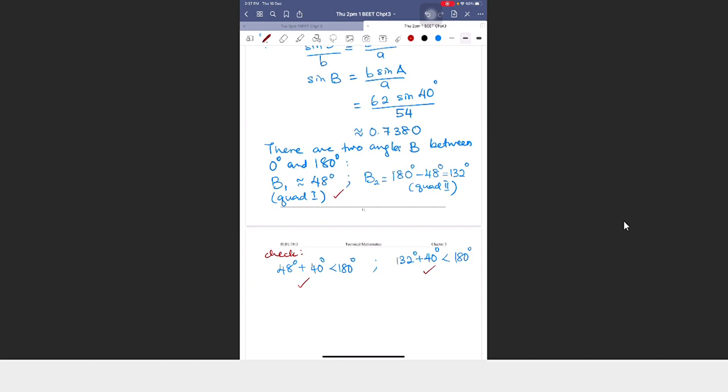Okay, so that means I am going to solve for two triangles. This is the example whereby there are two possible triangles that I am solving with the given condition from the question.